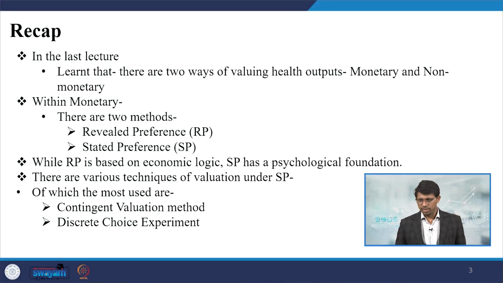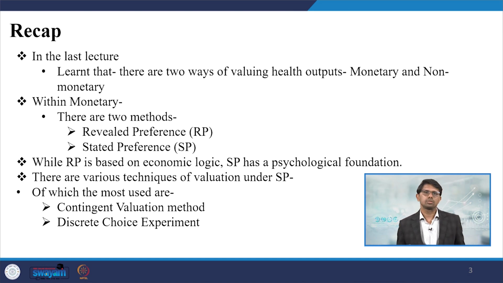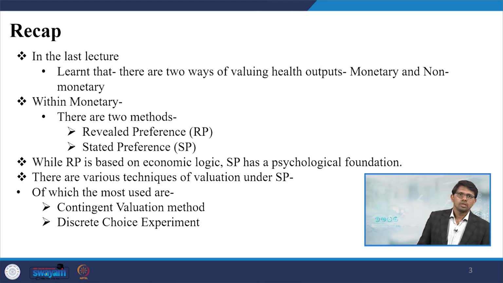In this lecture, we are again emphasizing the monetary and non-monetary measures of health. In the last lecture, we discussed the types of monetary approaches. There are two methods broadly understood in this context: the revealed preference approach and the stated preference approach.